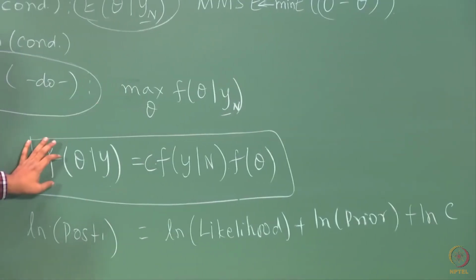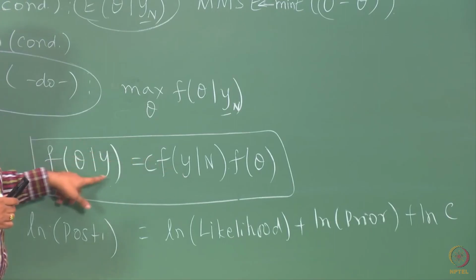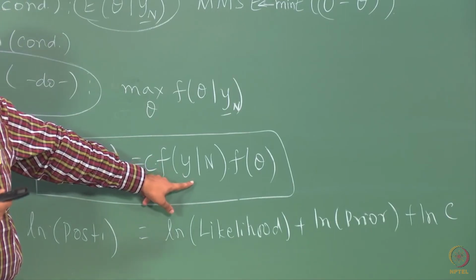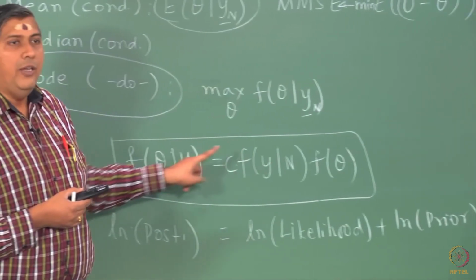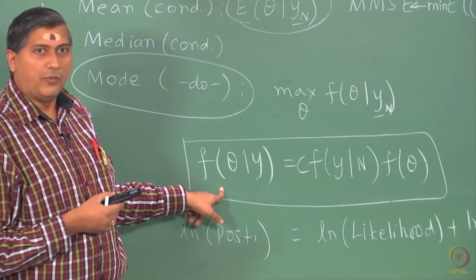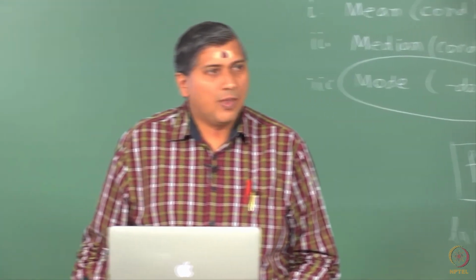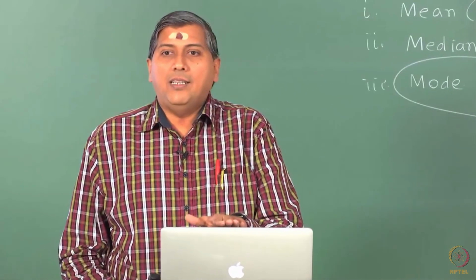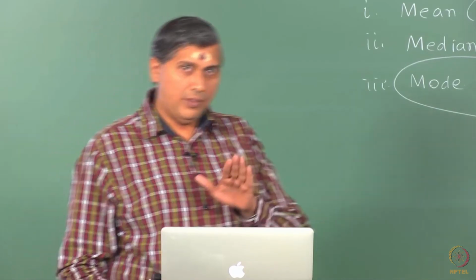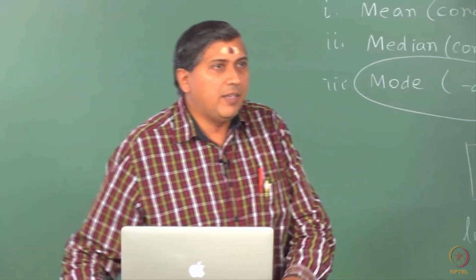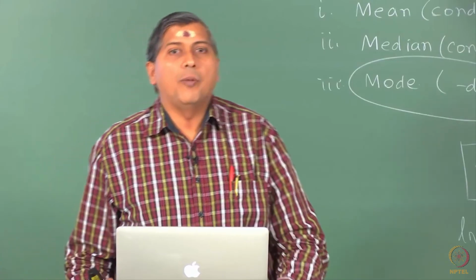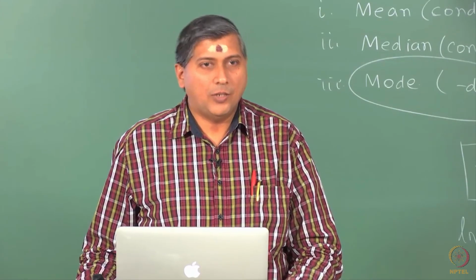So, what you are left with is simply the posterior being the scaled likelihood. And when you are evaluating the mode of this, all you are doing is picking up the MLE. So, the MLE, much to Fisher's dislike, is the Bayesian estimate with a uniform prior. That is all.